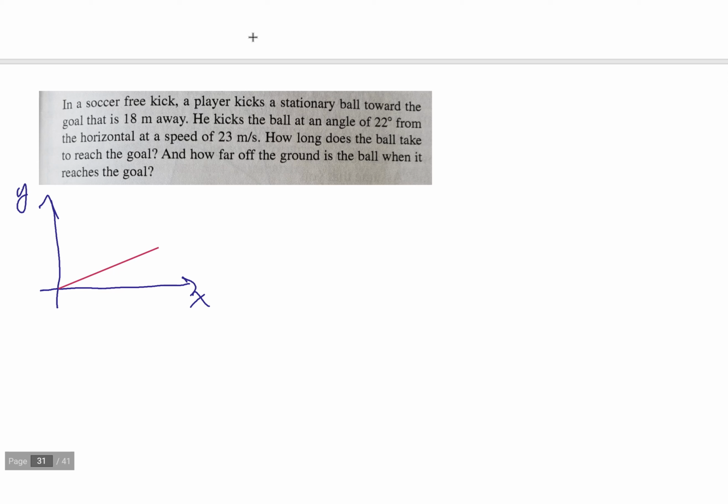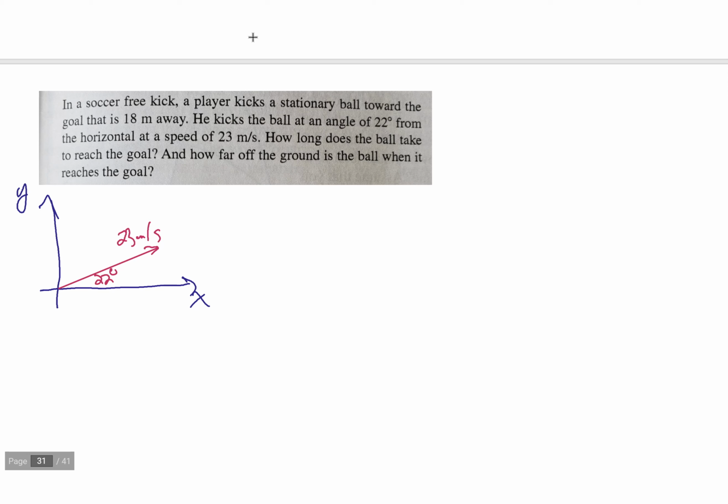We have 22 degrees sitting in here, an angle of 22 degrees with the horizontal. And now it has a speed of 23 meters per second. So this vector right here has a length of 23 meters per second. That's its speed.